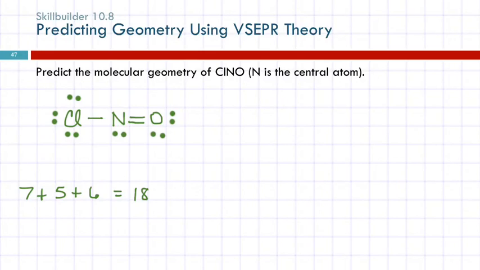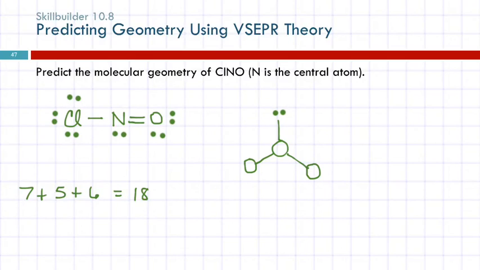So don't go look at the table. Think about balloons or draw a picture and say, well, I've got 3 things that are trying to get away from each other, right? So that's going to make a triangle, right? And here, this one has an atom, this one has an atom, and this one is a lone pair.